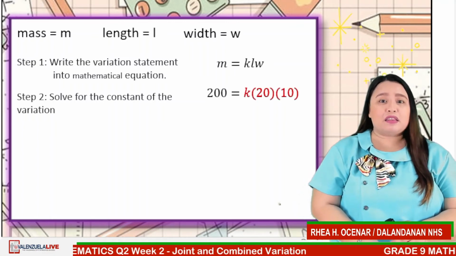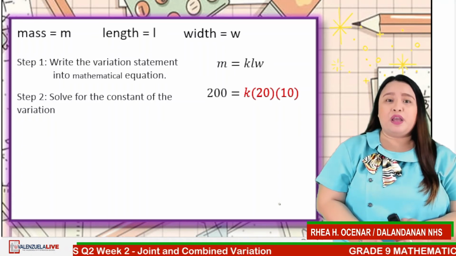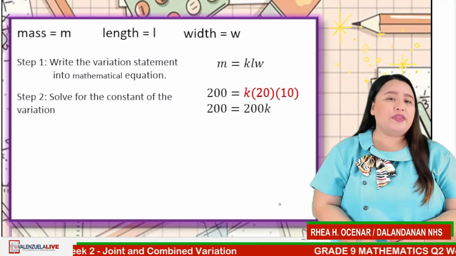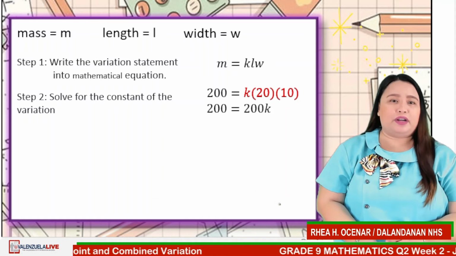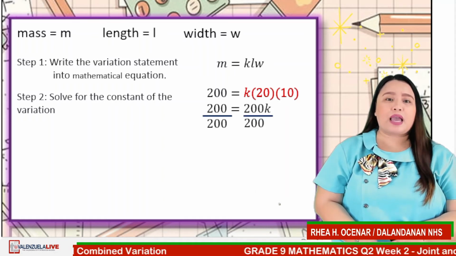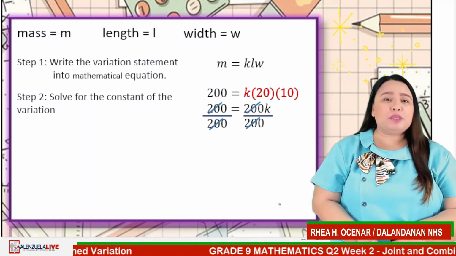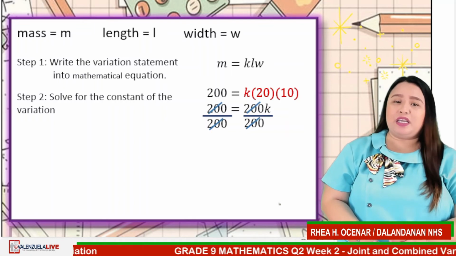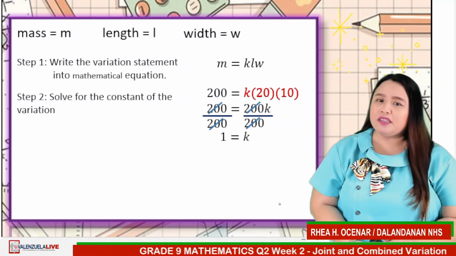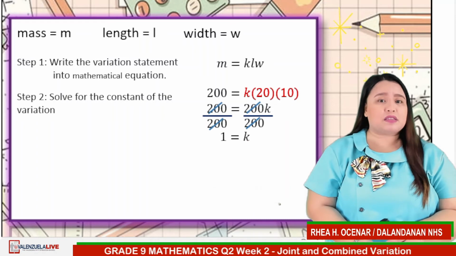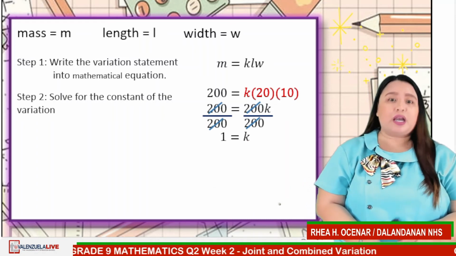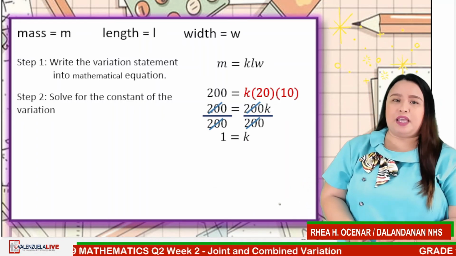Simplifying K times 20 times 10, we have 200 is equal to 200K. Applying the multiplication property of equality, we have 1 is equal to K, or K is equal to 1 using the symmetric property.